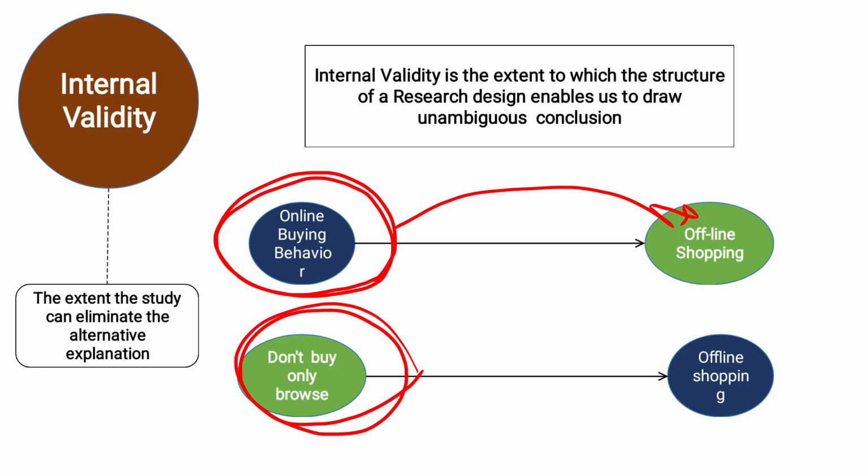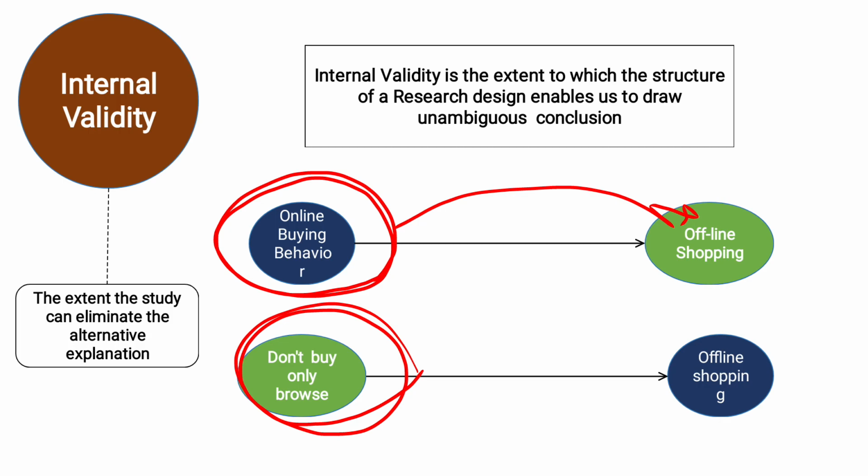So that's why in social science research particularly, or in management research, the researcher needs to think about the alternative variables that can also lead to offline shopping.